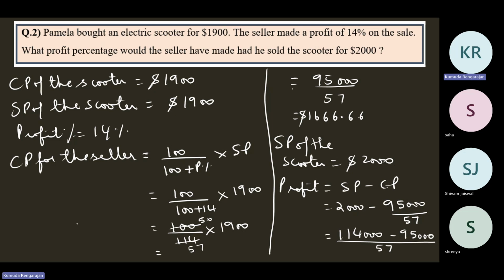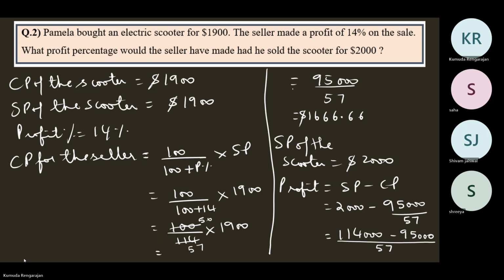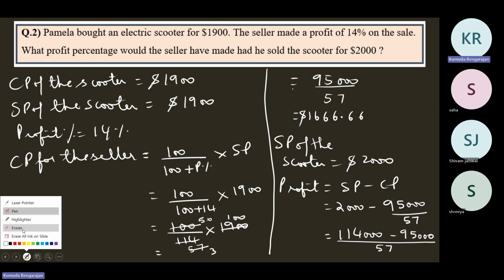I think this one we could have simplified using the tables of 19, no? 100 times 19 threes are... So I could have written this as 5,000 by 3.